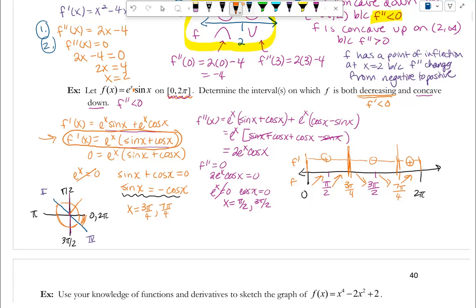So now I want to consider the sign of my second derivative. I'm not even going to look between 0 and pi over 2. I could, but I know I can rule that out because f prime is positive there.